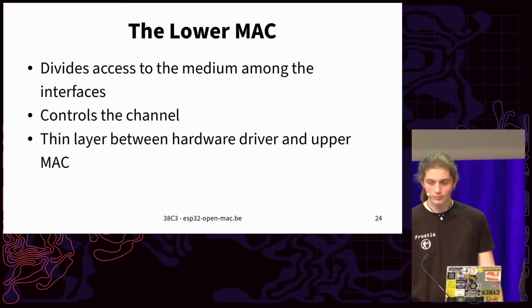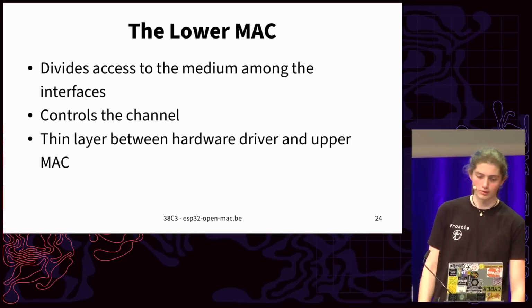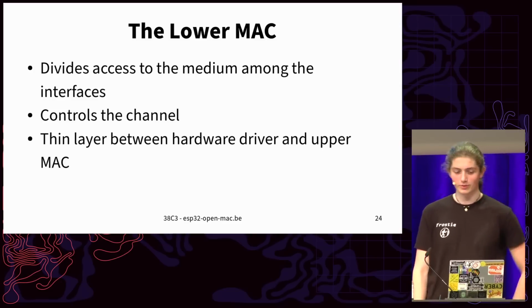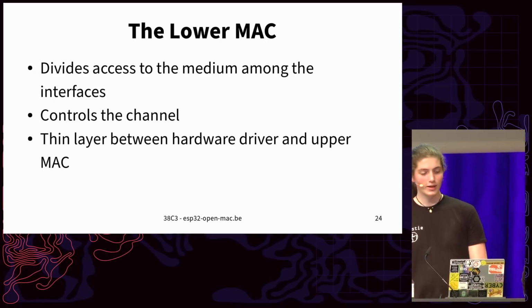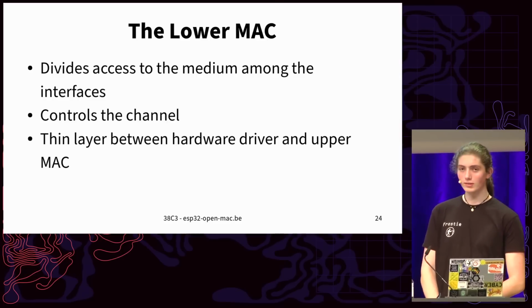And a large part of FOA that's generic between all interfaces is the lower MAC, or shorthand term LMAC. The term is directly stolen from the proprietary stack because it's thrown around in there a lot. And its job is to divide access to the medium between the interfaces.